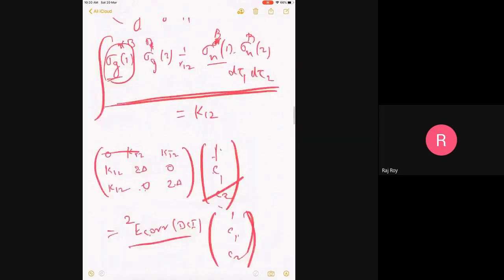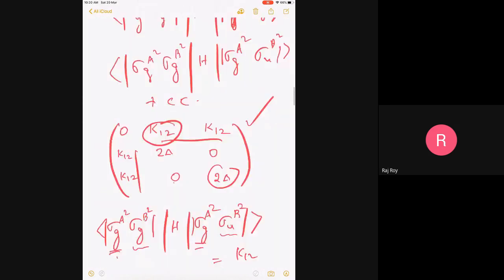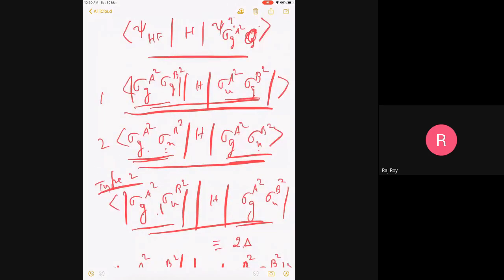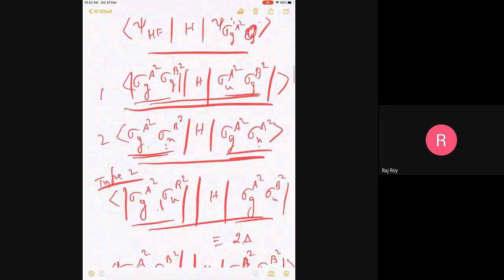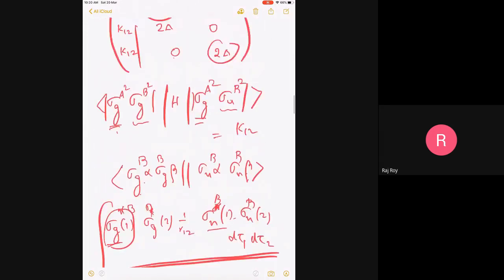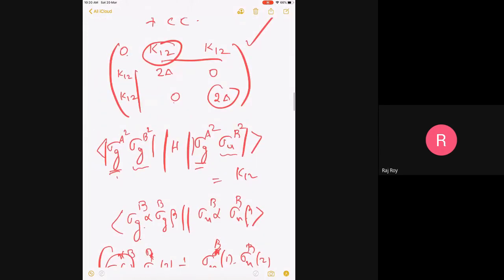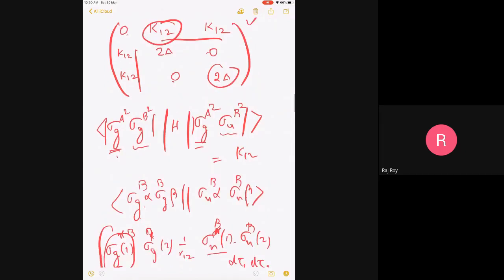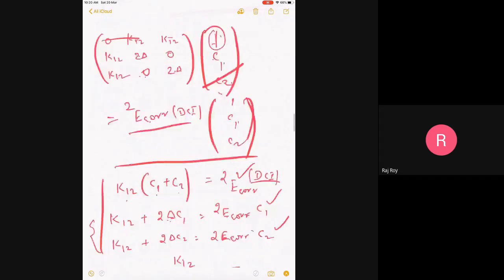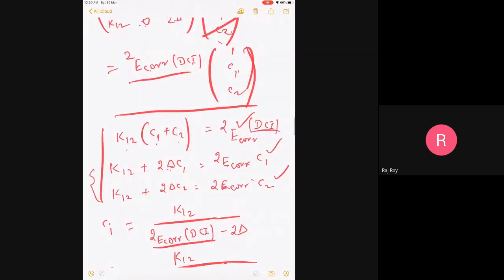And remember, now when I set up the CI matrix, it is not the H, but the normal ordered H, which is Hn, or H minus E Hartree-Fock. So obviously there will be a difference here that this will actually become 0. And these two are 0 by Slater rules because there are 4 occupancy differences. So I hope the matrices are clear. Also, because we are using intermediate normalization, this is 1, and then C1, C2. So that is how I set up the equations.